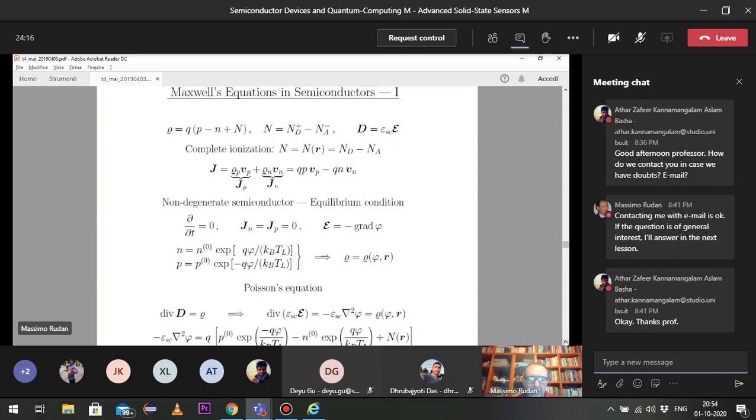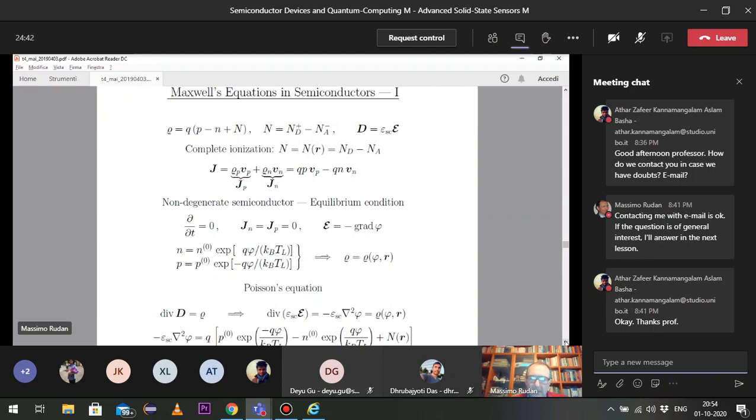In the first of the Maxwell equations, we have the electric displacement vector D. The question is, what is the relation between the electric displacement and the electric field? We expect that the ratio of the two should be the dielectric constant, okay?